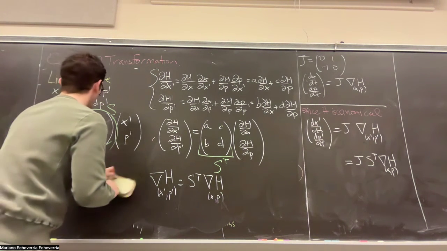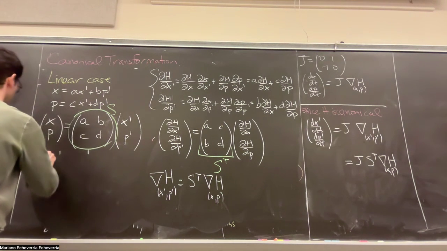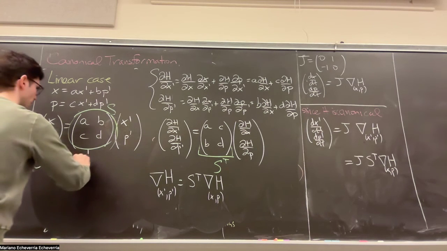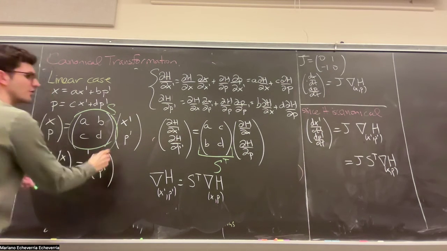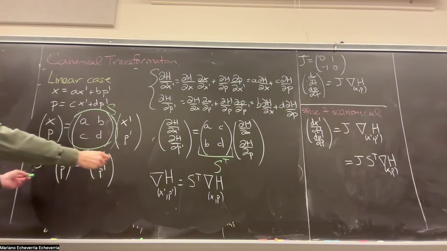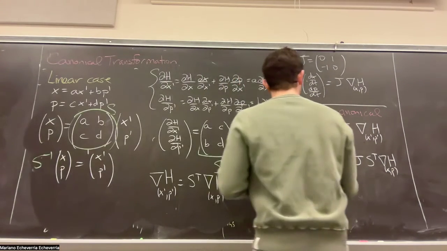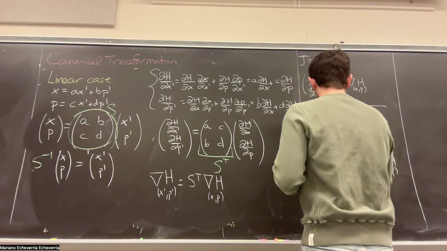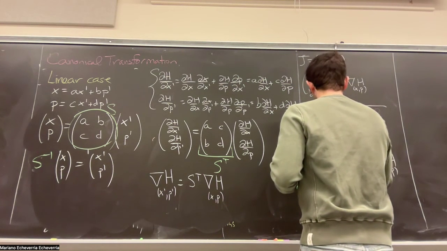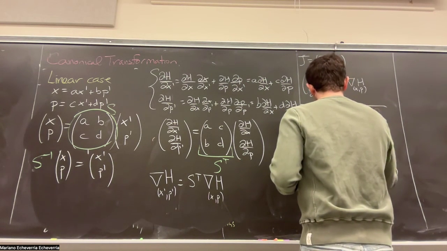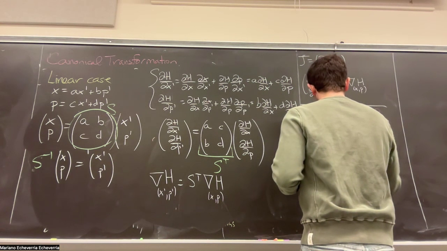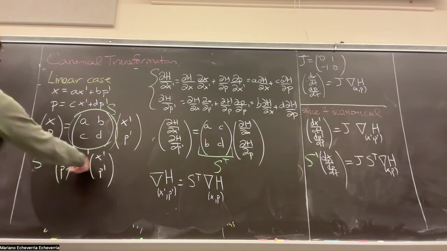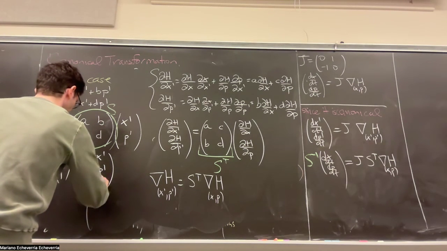If you multiply both sides by the inverse of this matrix, you get S inverse times (x, p) equals (x prime, p prime). Then you just differentiate both sides with respect to time, and you'll get S inverse times dx/dt, dp/dt. If you take the derivative with respect to time on both sides, that's how you get the x prime.